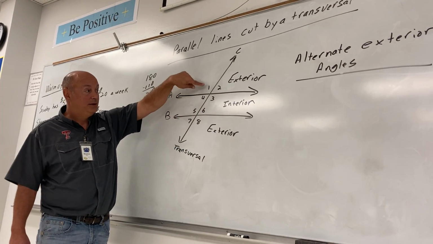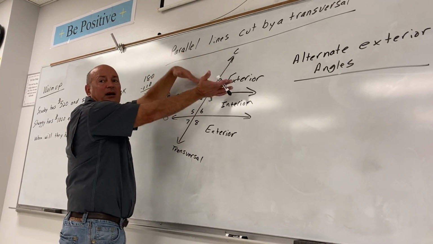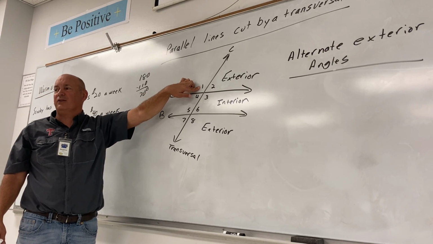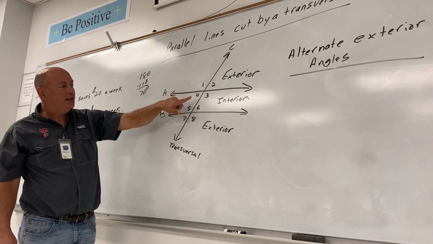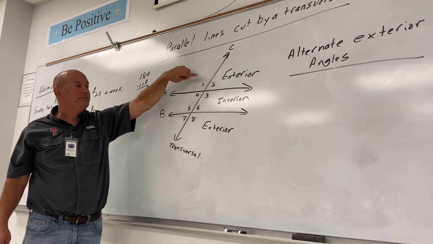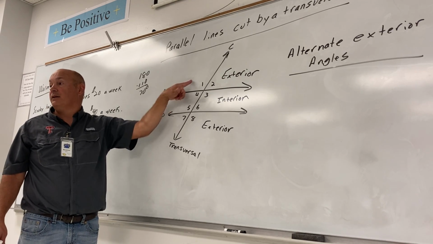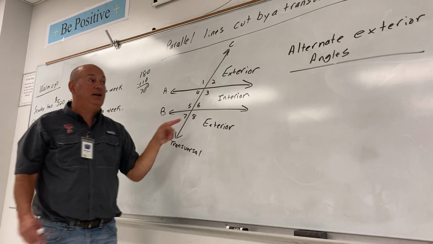So Summer, angle 2 is on the same side of the parallel line. So don't pick 2. Give me another number you think would be the alternate exterior. 4 is on the interior. Don't pick 4. 7. 7 is on the same side as number 1. There it is. 8 would be the alternate exterior.